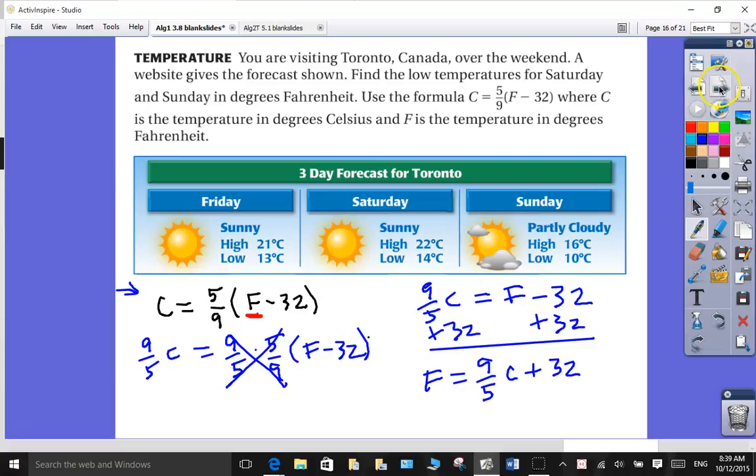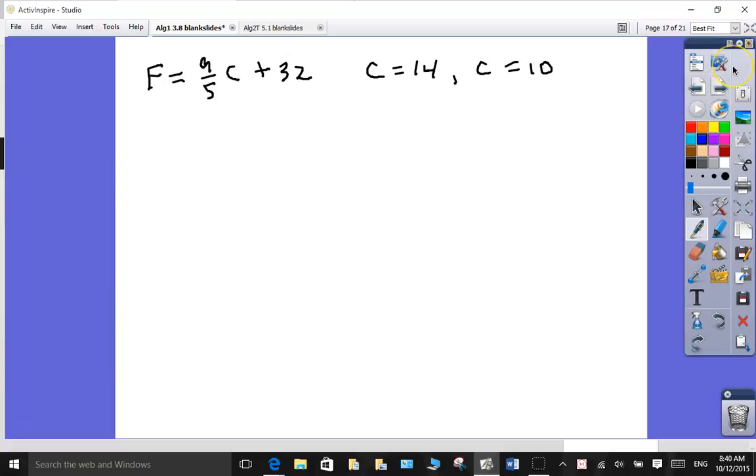Sure. That's the symmetric property. When I was in the military and I was the weatherman, I was stationed in all these countries, and they all do Celsius. And usually when we had to brief the American commanders, there were foreigners in the room. So you always had to do both temperatures. I was probably better at it before, but a lot of these, like 14 was 58 and 10 was 50.